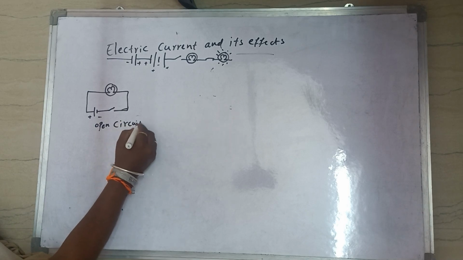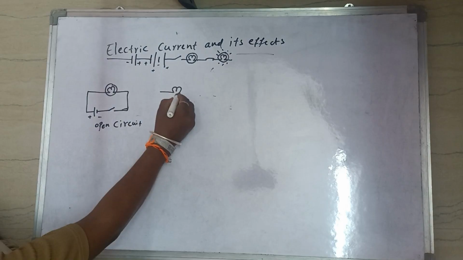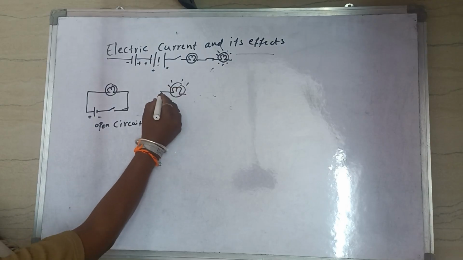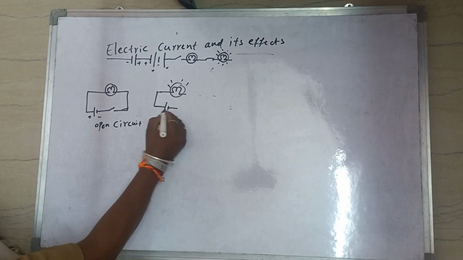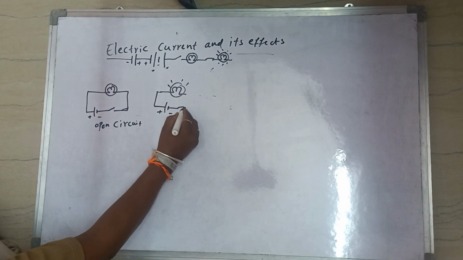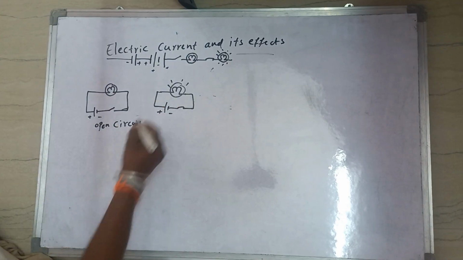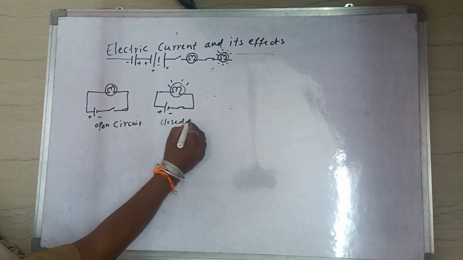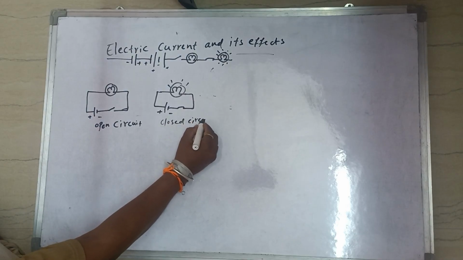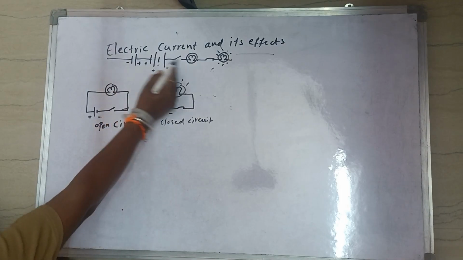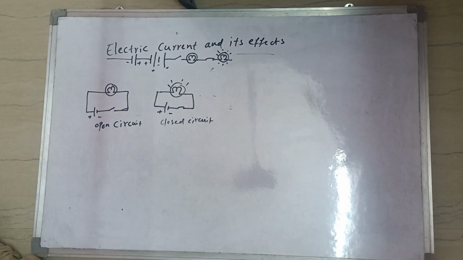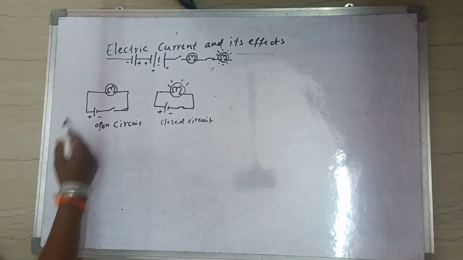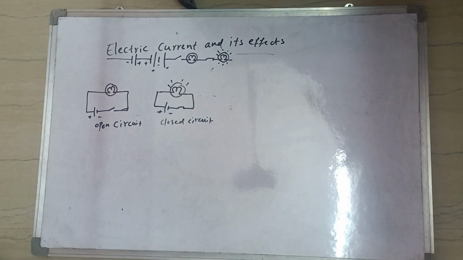Then this will be a closed circuit, and the bulb is on. These are the symbols we studied in 6th class so that we can draw a circuit diagram very easily. Open circuit and closed circuit.